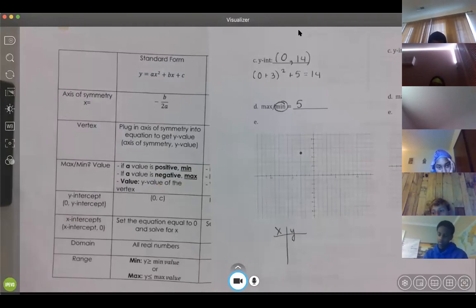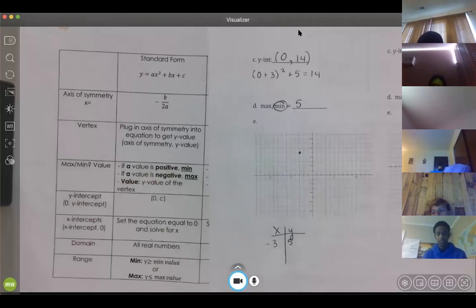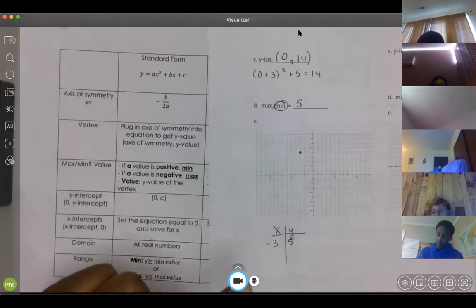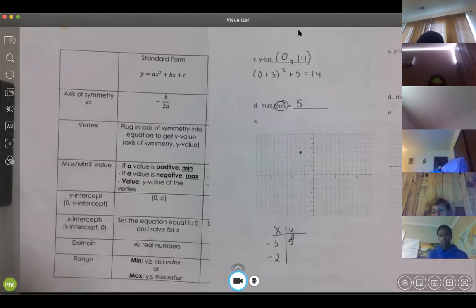I know that I need at least 3 points on my graph to form a parabola. So right now I have 1 point. So I'm going to put that vertex -3, 5 at the top of my table of values, as the first entry. And then I'm just going to choose one number that's bigger than -3. So let's go with -2. All you need is just one number.